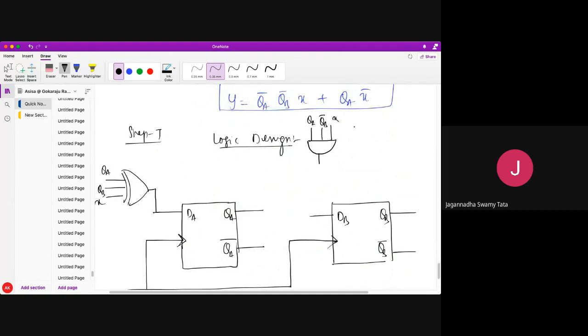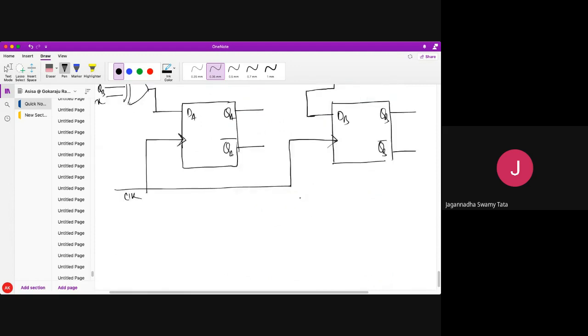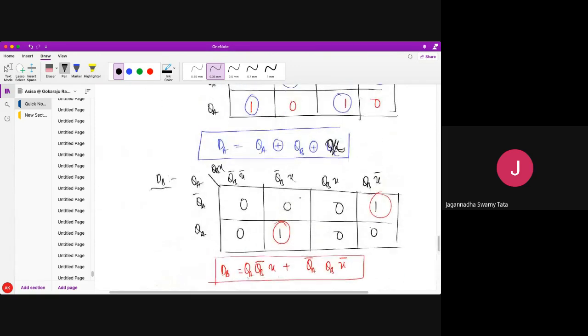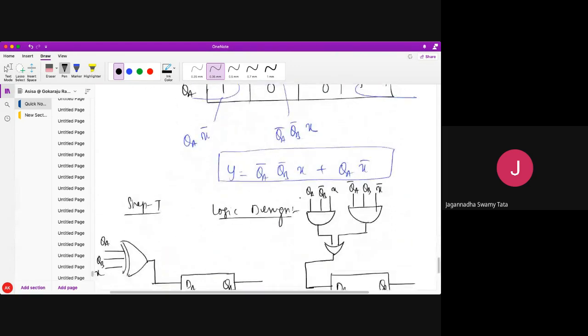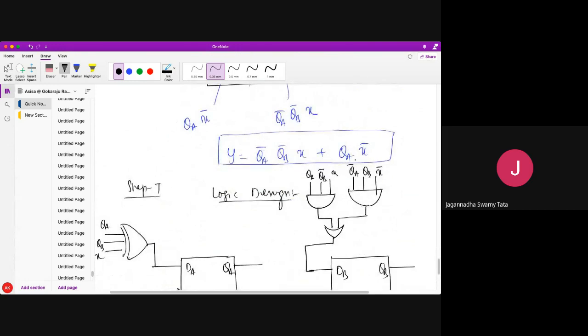Okay, QA bar QB X bar. I've taken another AND gate here. Both will be connected to an OR gate, and it's connected to DB. Okay, now output Y. How is Y? Y will be QA bar QB bar X and QA X bar.